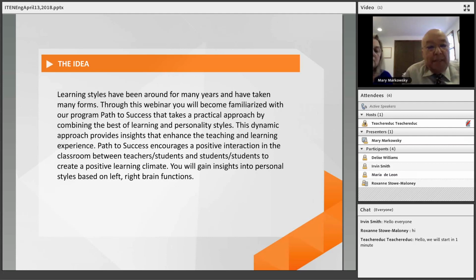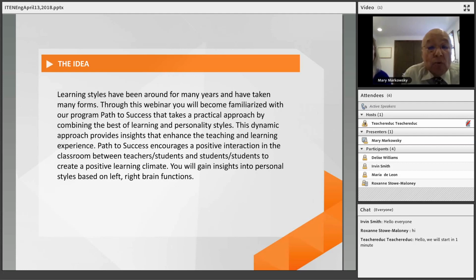Now, most of us know, and I'm sure you do also, that learning styles have been around for years and take many forms. There are many learning styles, surveys, and questionnaires. And we at Path to Success take a practical approach because we want to combine the best of learning and personality styles.